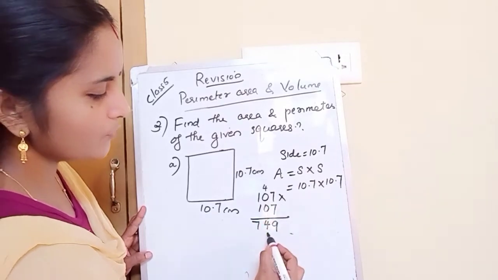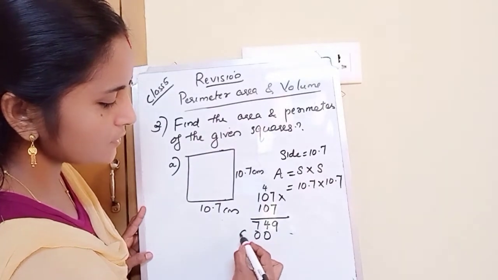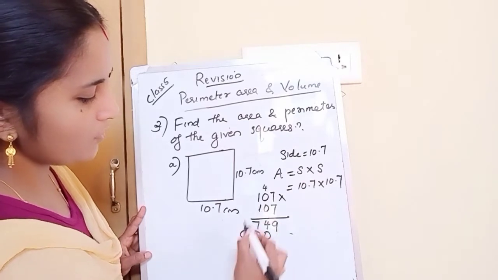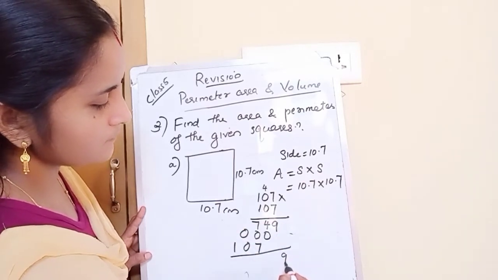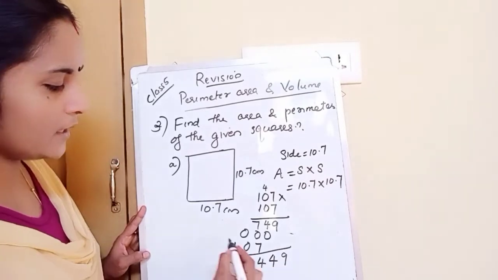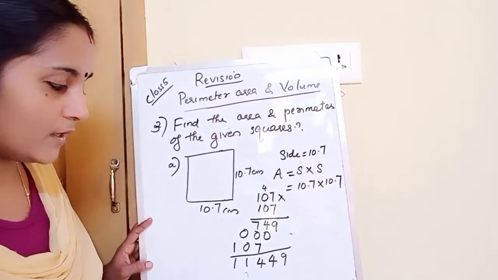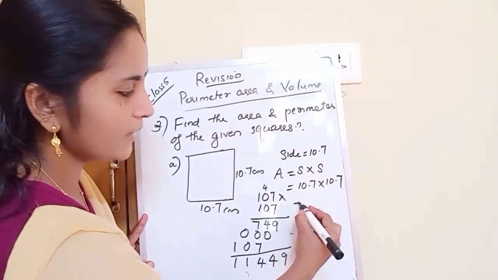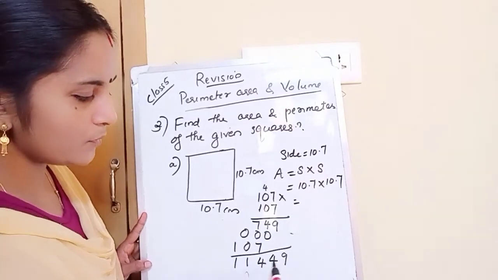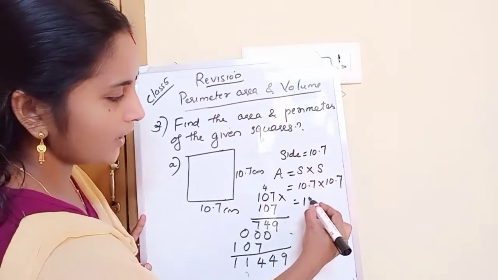Then 0 into 7 is 0, 0 into 0, 0 into 1. Then 1 seven is 7, 1 into 0, 0, 1 into 1. 4, 7 plus 7 is 14, carrying 1. Then 114.49 is the answer. But we have total 2 digits after the decimal point. So we move 2 places to the left from the end. So what do you get?